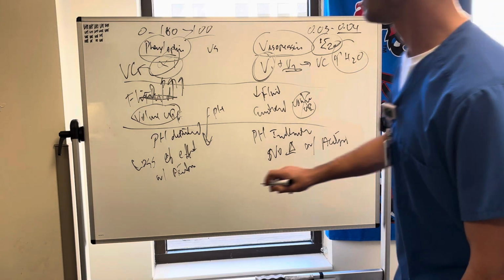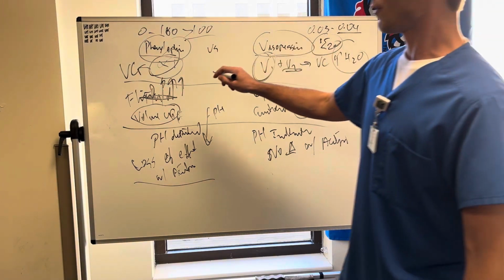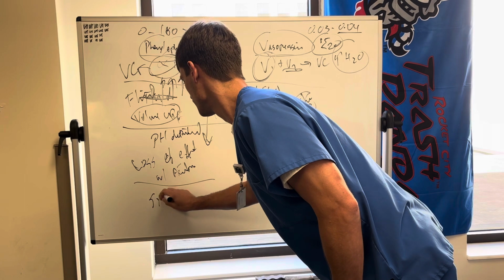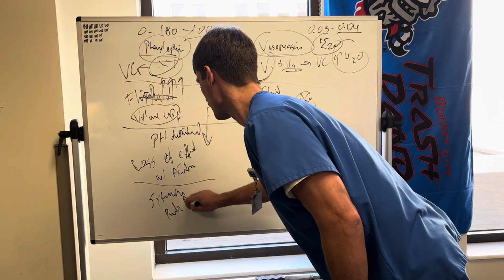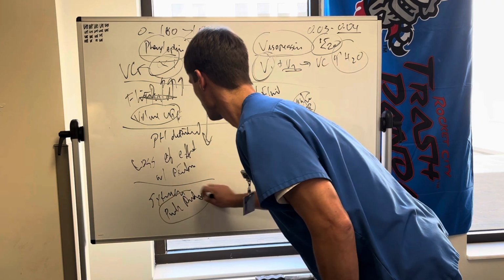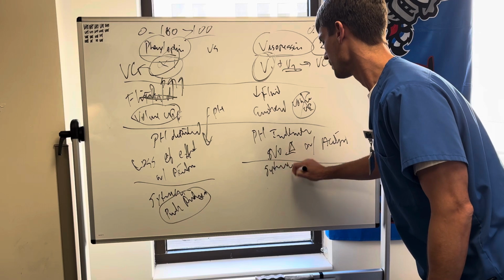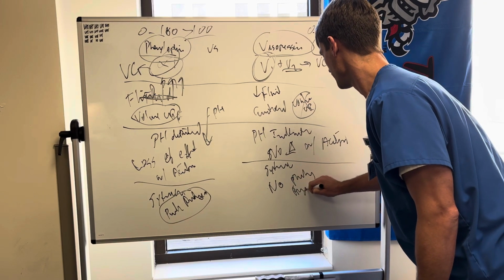And then the last thing: the alpha receptor is located within all your vasculature, so it's basically systemic. And this includes the pulmonary arteries. While this is systemic, but no pulmonary arteries.